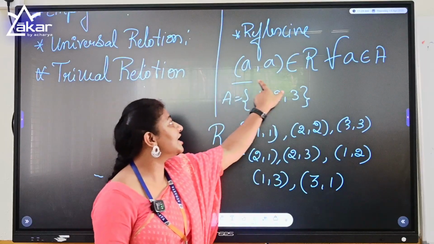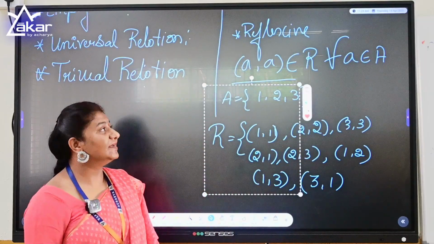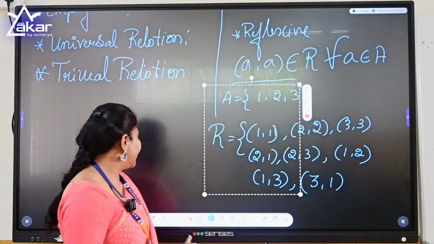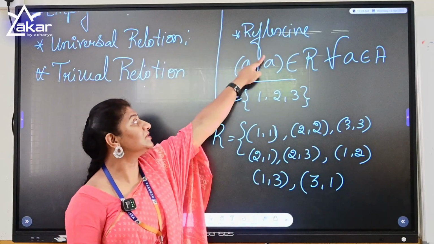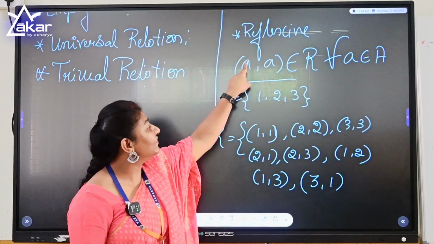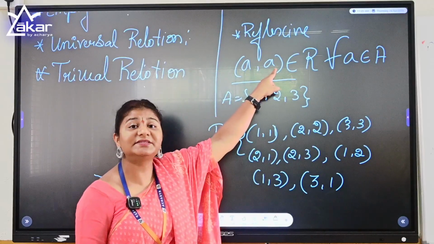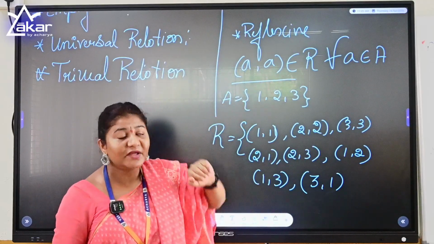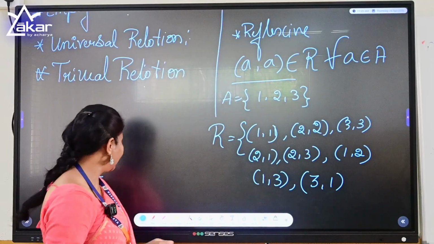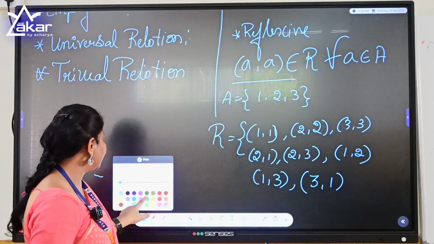Then how can I check the reflexive part? Very simple. In the reflexive part, what does it say? It has its own reflection. Means if I take one element, its reflection should be that element itself. So can you tell which are those elements? Yes, there are 3 elements here.